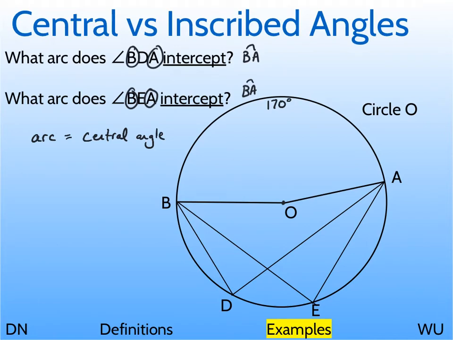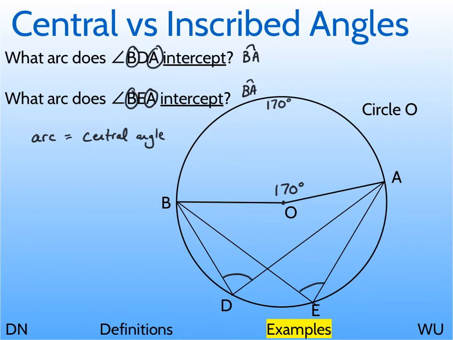So the central angle, BOA, is going to be 170 degrees. Now, for the inscribed angles, one thing is really helpful. These inscribed angles, BDA and BEA, since they intercept the same arc, these angles are going to be congruent.